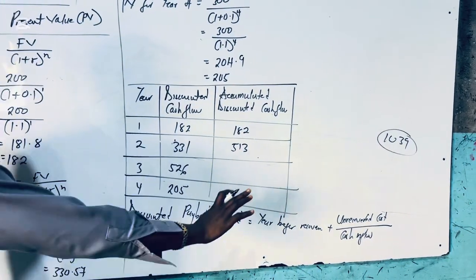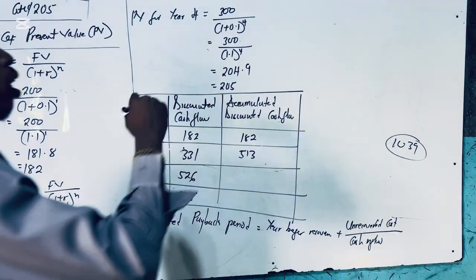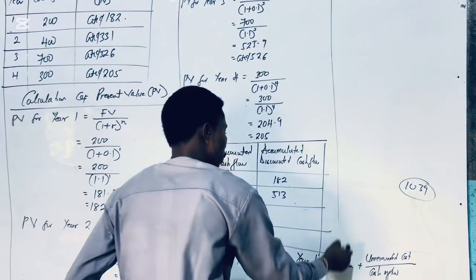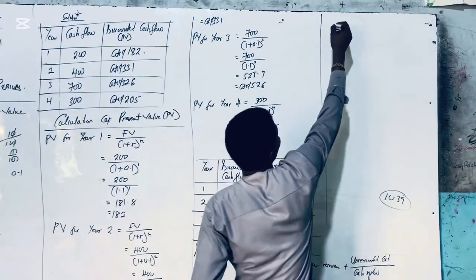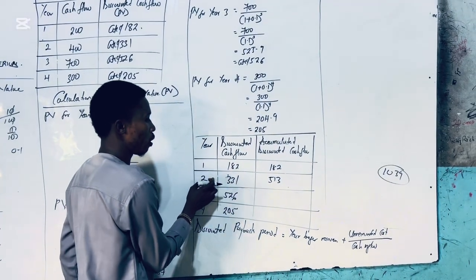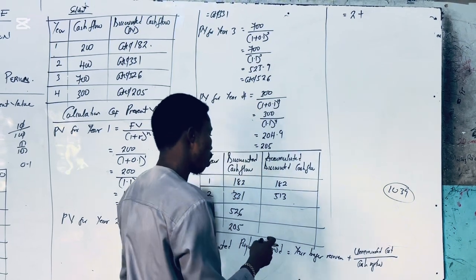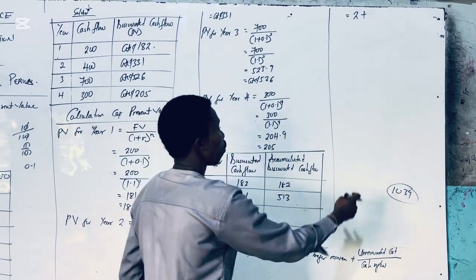We've done this already. That is why I'm writing it in brief, if you followed the first video that we did. So here, our discounted payback: the year before recovery, we've been able to recover year 1 and year 2. So we have 2 plus the unrecovered cost.